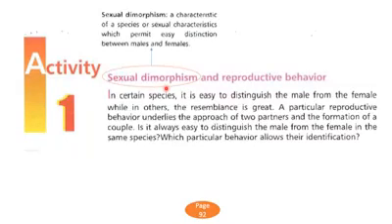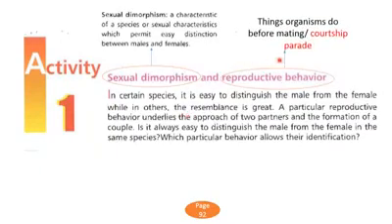So it is the characteristics that help us to know if this animal is a male or a female. And in this activity, we're going to distinguish between males and females for some animals. Also, we're going to learn about reproductive behavior. Reproductive behavior means the things organisms do before mating.